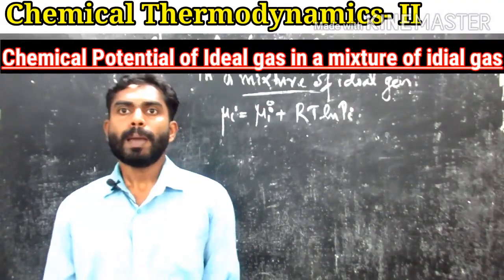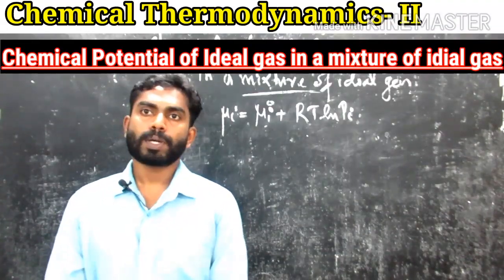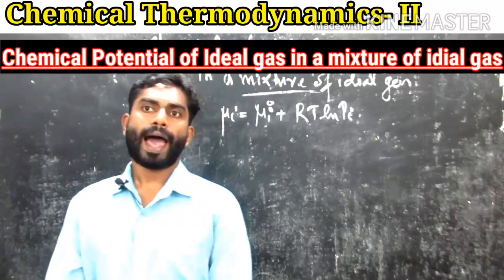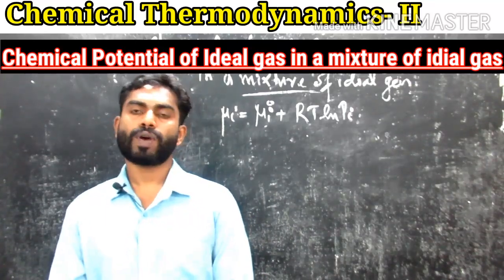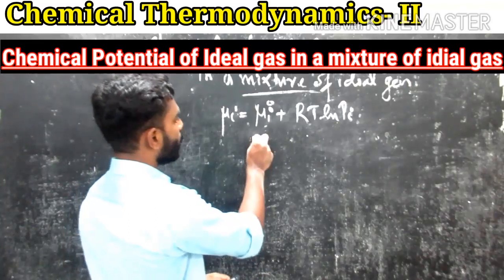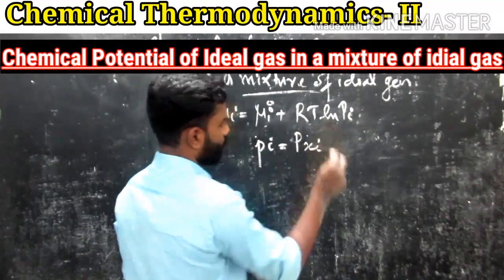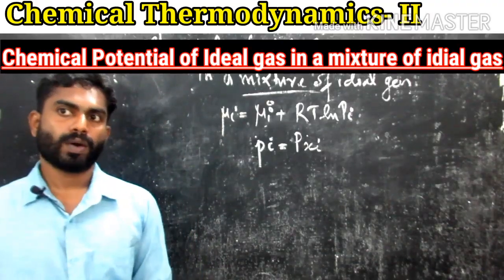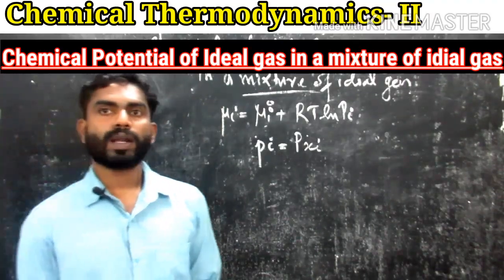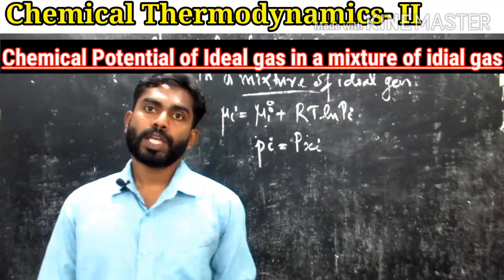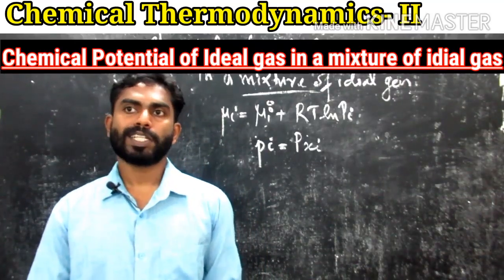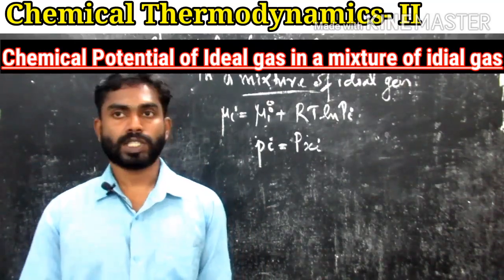Okay, then if P represents the total pressure of the mixture and Xi is the mole fraction of the ith component, then we can write Pi is equal to P Xi, or Xi P, where small p is the partial pressure and capital P is the total pressure.